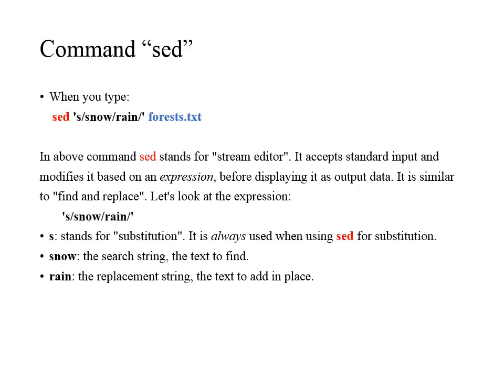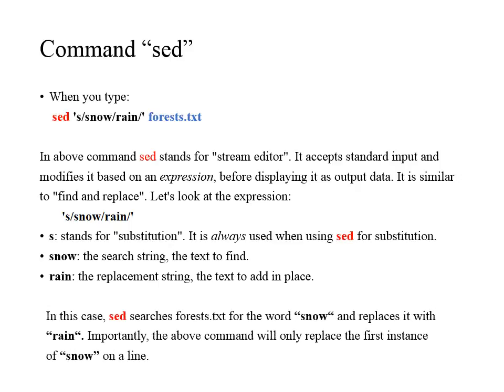Rain, the replacement string, the text to add in place. In this case, the sed command searches forests.txt for the word snow and replaces it with rain. Importantly, the above command will only replace the first instance of snow on a line.